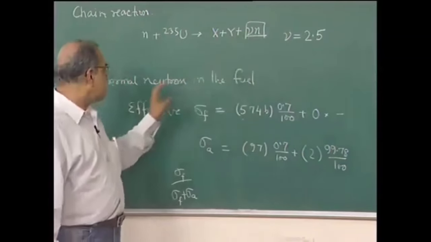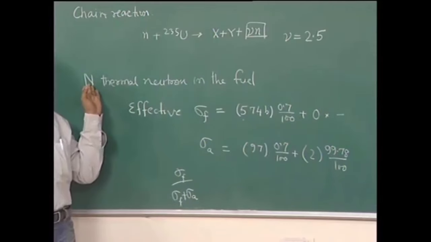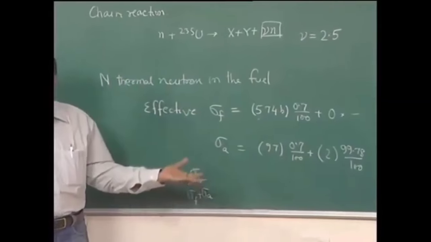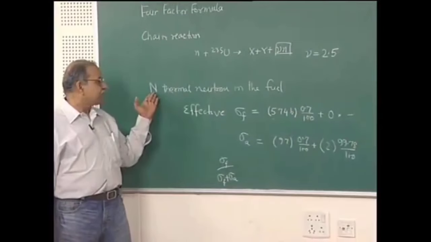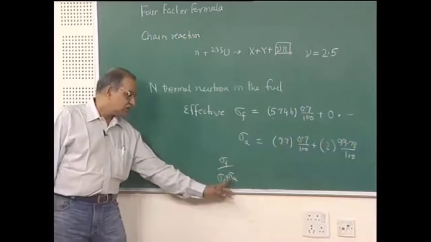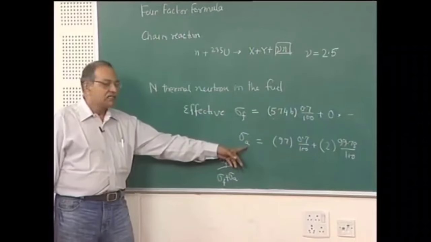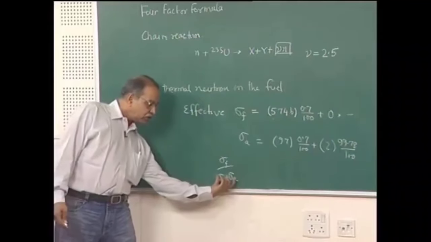So, from these N neutrons, what I am looking for, from this capital N thermal neutrons, when they fission, is how many new neutrons will be created. So, not all these capital N will go through fission, only this fraction, because this sigma A is for absorption without fission, right. You can call this the total cross section.